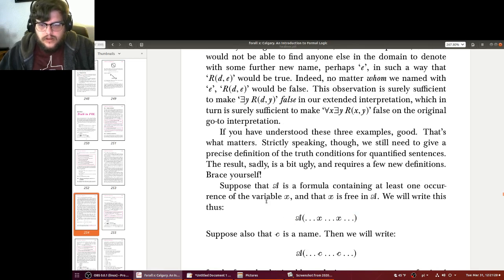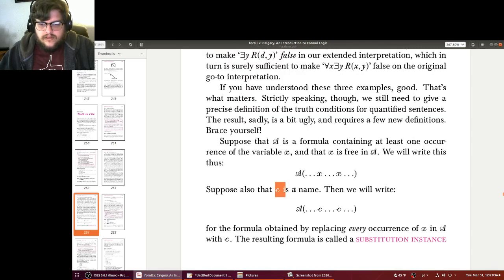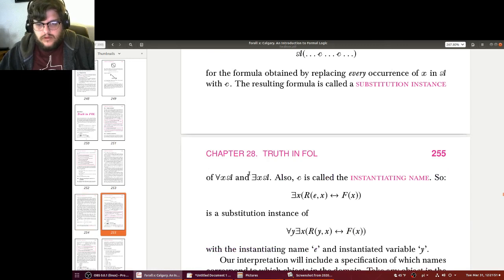If it's a formula and you have a free variable x, they'll write this. And if c is a name, so this would be not a variable but a name, they're going to write this for the formula obtained by replacing every occurrence of x with c. So they have free variables, they're going to plug c in for those free variables. They call that substitution, okay?